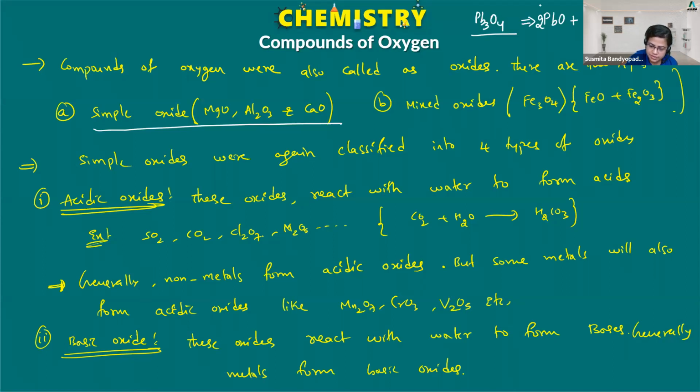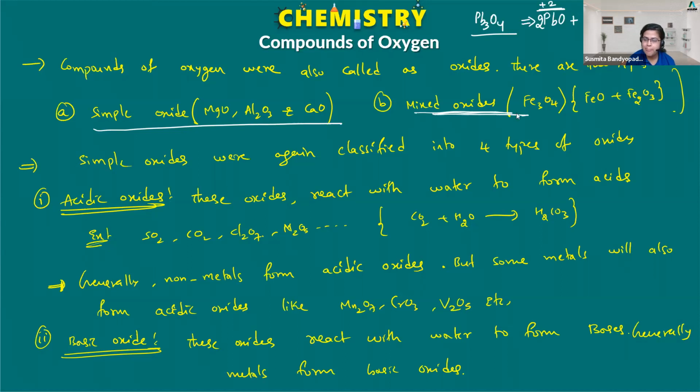Two leads are in the plus 2 state, and one lead is present in the plus 4 state. So it is a mixed oxide because it contains a mixture of these two oxides, 2 PbO plus PbO2. Similarly Fe3O4, which is 1 FeO and 1 Fe2O3. So we have mixed as well as simple oxides.